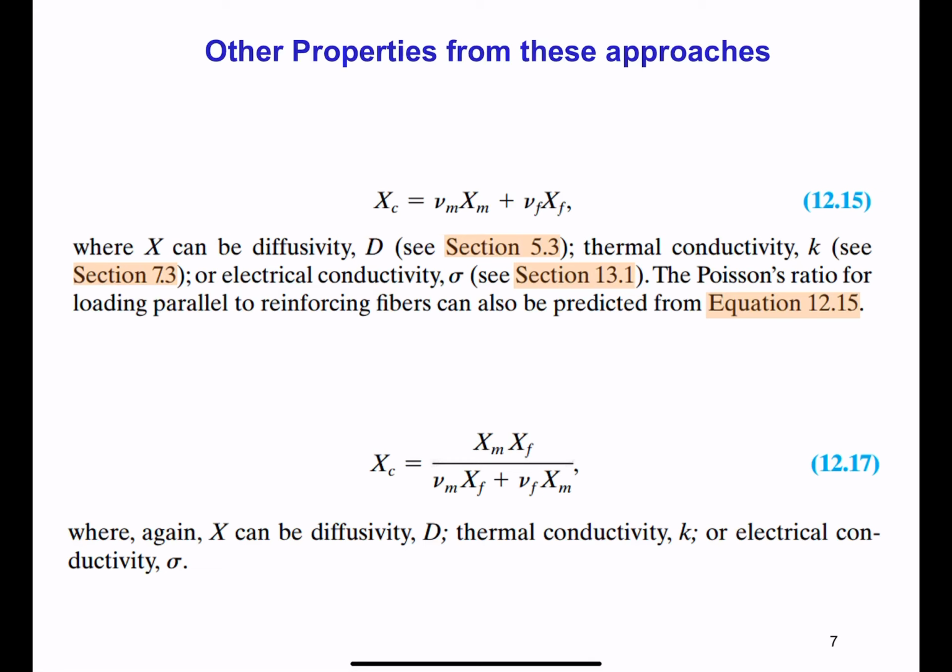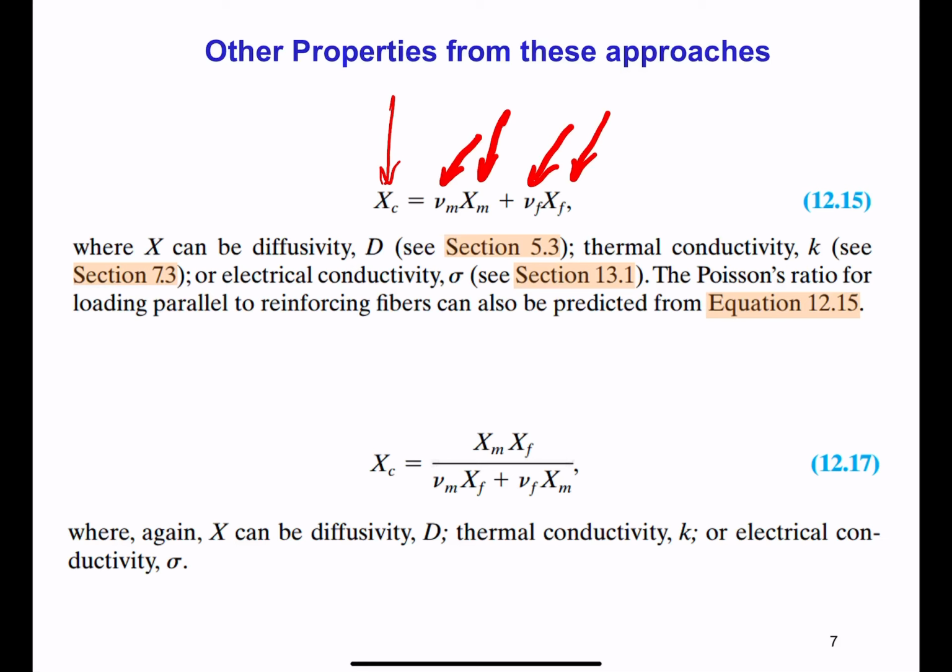And as we mentioned, this approach can lend itself to other properties, not just mechanical properties. So for example, volume fractions of the matrix and fibers can also be used as coefficients on properties like diffusivity of the matrix, diffusivity of the fiber, to speak to the ultimate composite diffusivity, or even thermal conductivity can also be used this way.